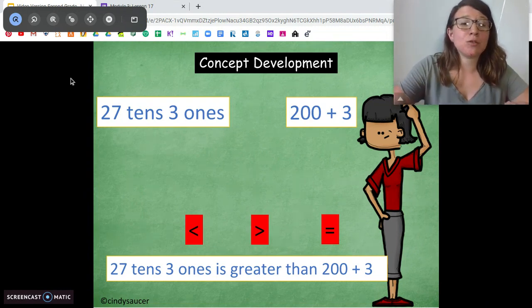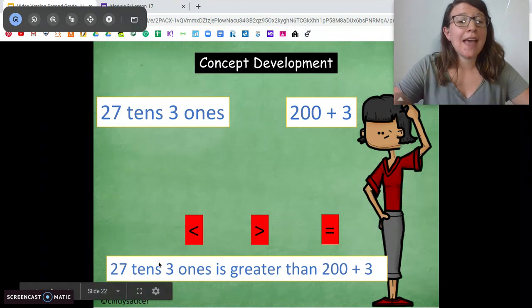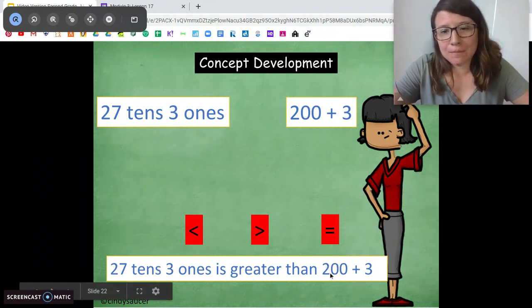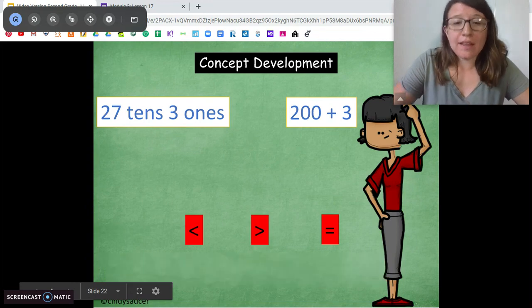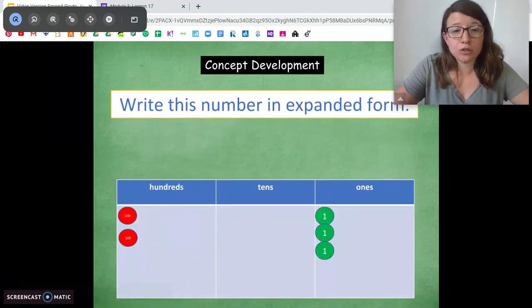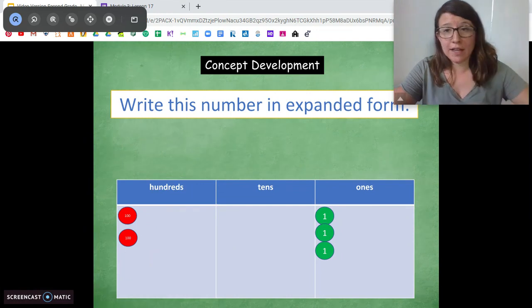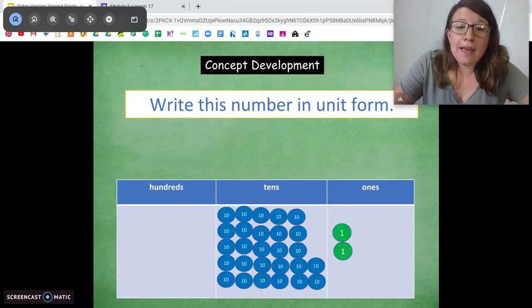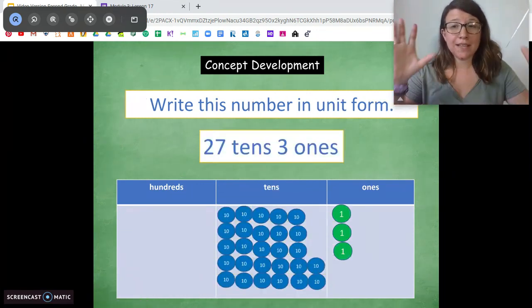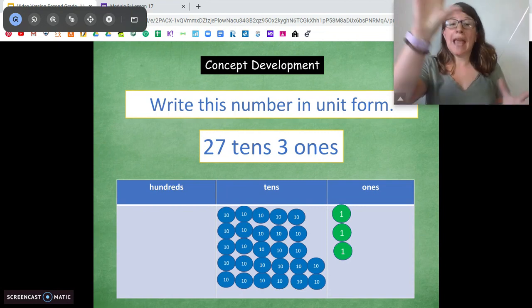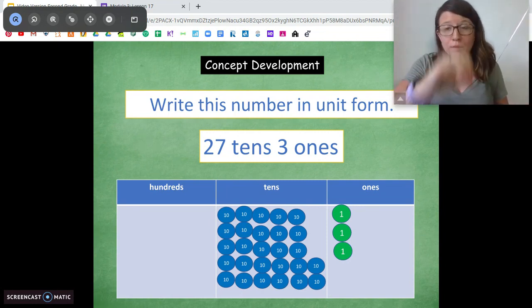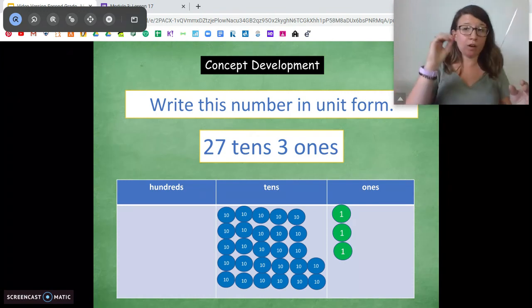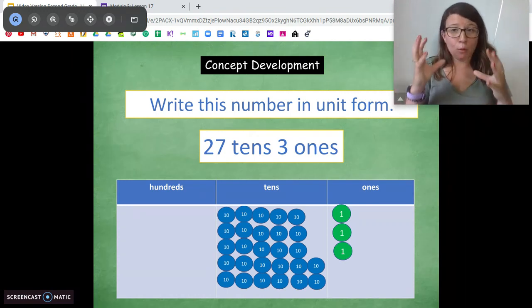We know this because 27 tens and 3 ones has way more tens than 200 plus 3. And we can use our pictures to help us. We have 200 plus 3, and then we have 27 tens, 3 ones. If that was confusing to you, take the 27 tens, group them into groups of 10 so you can move them over to hundreds, and make that work for you.